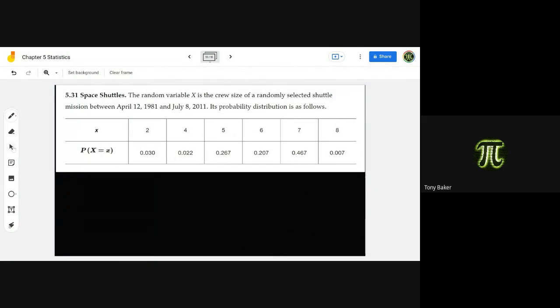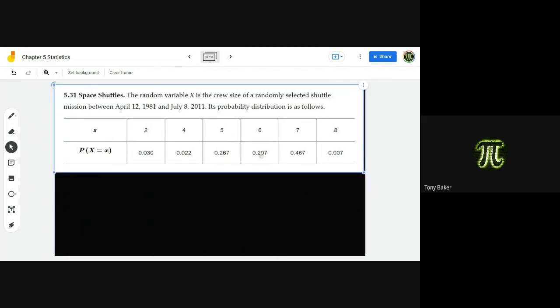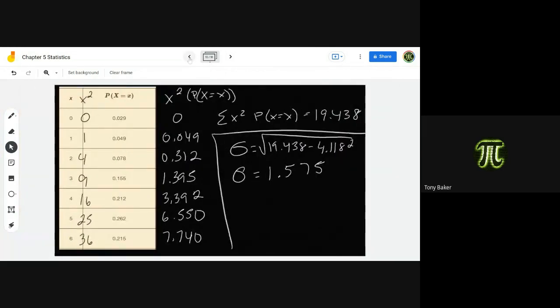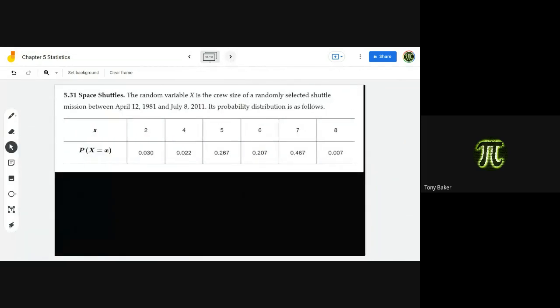So I want you to find me the mean and standard deviation for this probability distribution. If you're looking in the books, it's section 5.2, exercise 5.31 is the one I'm going to have you do. If you can't see the numbers on the board, you can look in your book and get it. I want you to find the mean and the standard deviation of it.